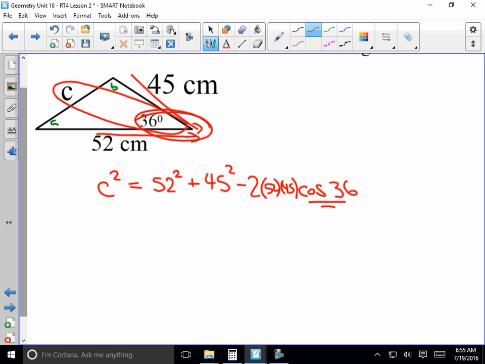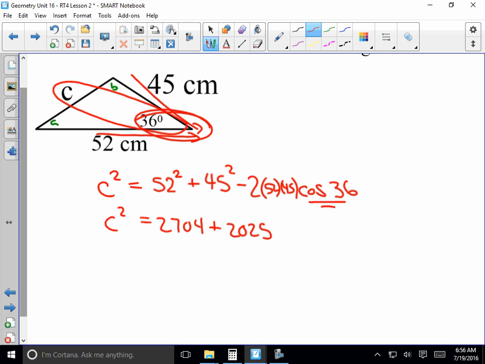Now, to finish this work, we have to find all of these values. 52 squared is 2704, plus 45 squared, 2025. I'm going through that to make sure that you can check your answers and see that your values are working correctly.